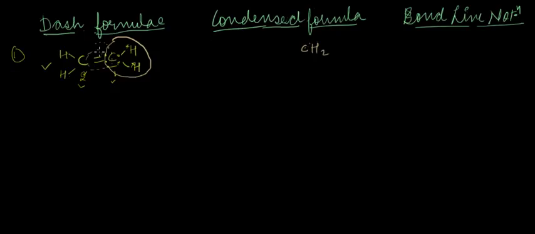Now I need to take care of this double bond, so it would be a double bond, and the same I can say for this CH2 as well. So this is the condensed formula for representing an alkene. This is commonly known as alkene.